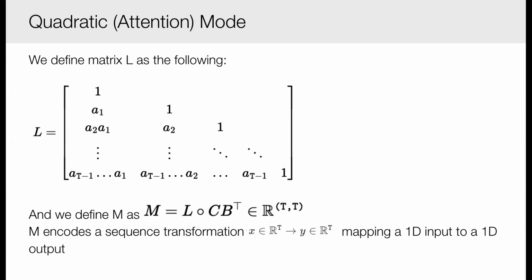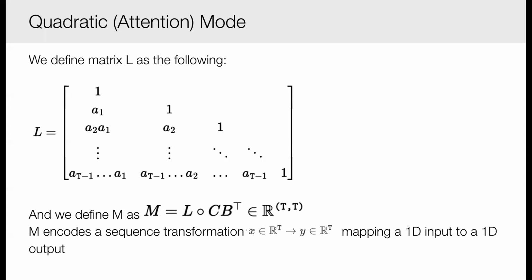So now we're going to be drawing parallels to attention from our SSMs. Basically, we start by defining our matrix L, a lower triangular matrix, where all of the diagonal elements are just one.